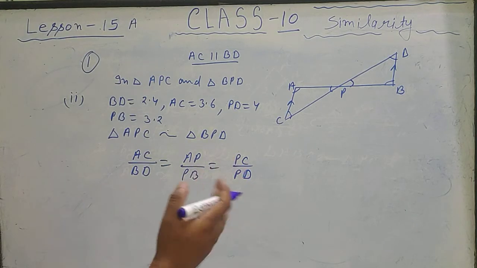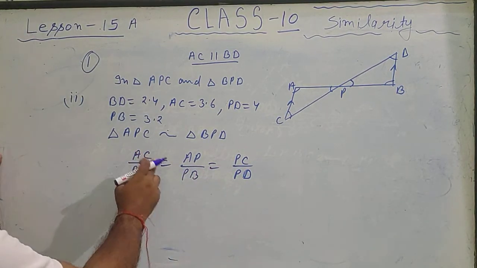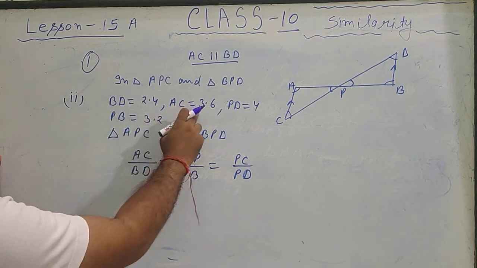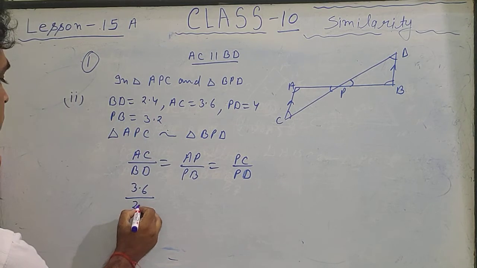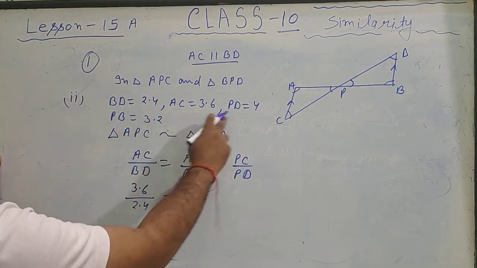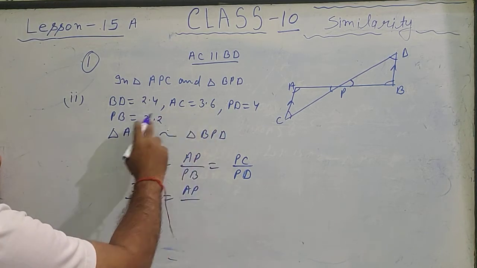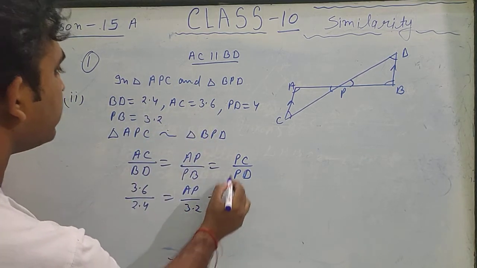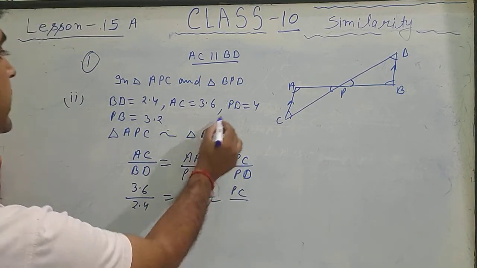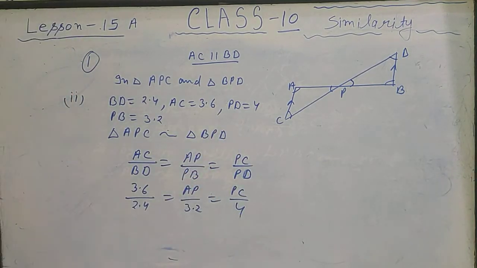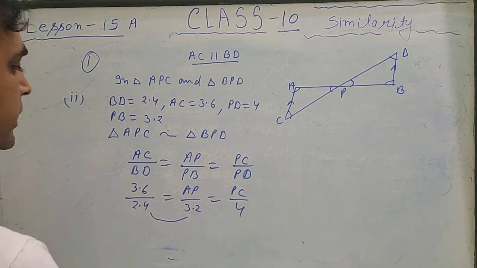The angles that are equal, their opposite sides will have the same ratio. Now AC is given 3.6, BD 2.4, AP not given, PB 3.2, PC not given, and PD 4. Okay, so first we take first and second, then we take second and third.